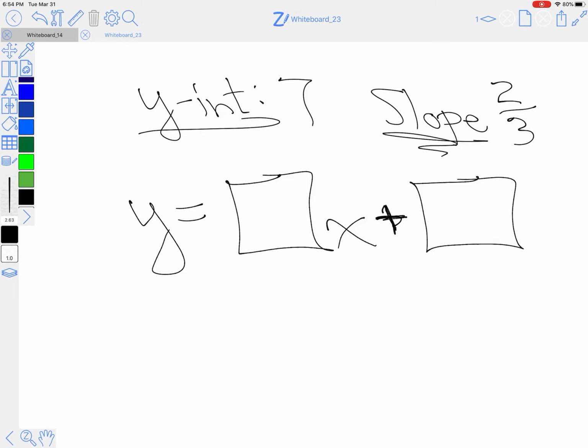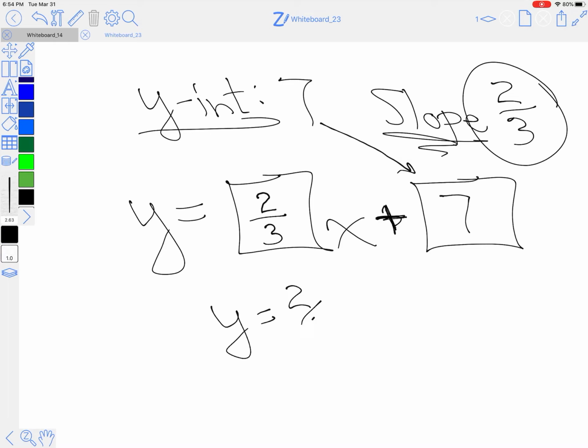They will change the order in the problem for you. Remember, the y-intercept part goes over here. It's a +7, so saying +7 is great. And my slope is 2/3, so here you would just enter it in as a fraction, 2/3. So this would really just say y = 2/3 x + 7.